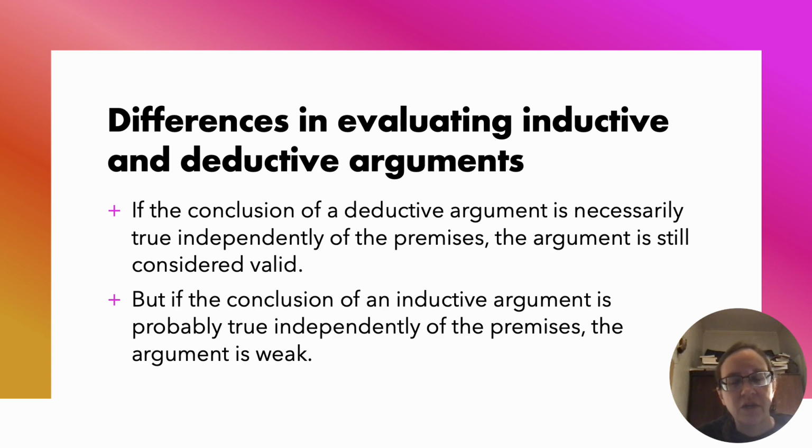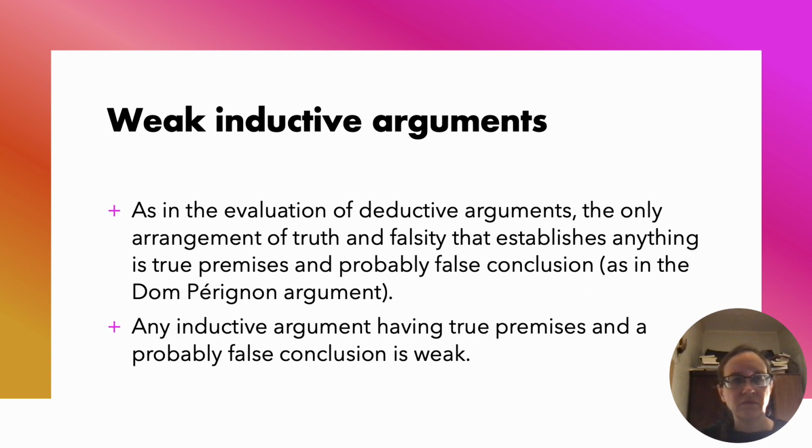So the point he's trying to make is that there are cases, rare cases, where you can know that a deductive argument is valid, even if the premises don't really support it. But there are no cases like that with an inductive argument. I think that's the point he's trying to make here. Again, we can kind of ignore this for the most part. Okay.